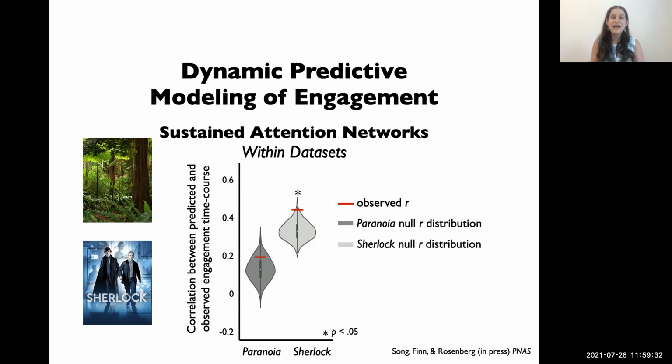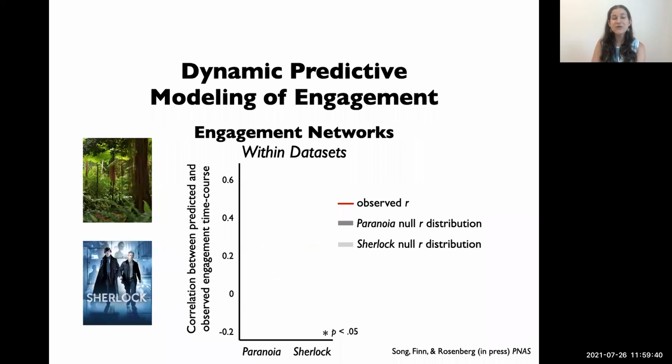It could be that attention during narratives relies on an overlapping, but somewhat distinct set of functional brain networks. So to ask if this was the case, Hyung performed dynamic predictive modeling again to define new networks that predicted changing engagement in the paranoia and the Sherlock datasets. And she found that in both cases, multivariate patterns of connectivity did indeed significantly capture changing engagement over time.